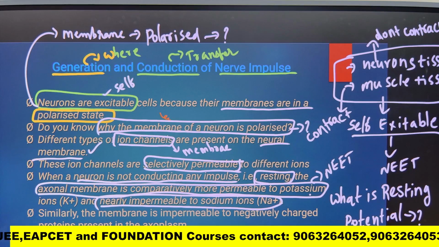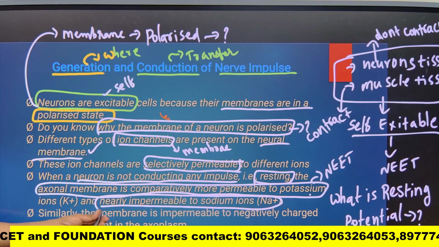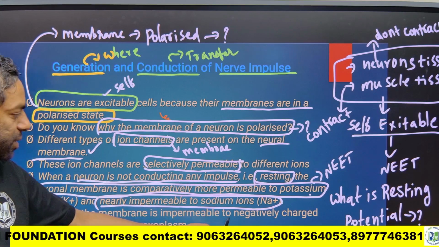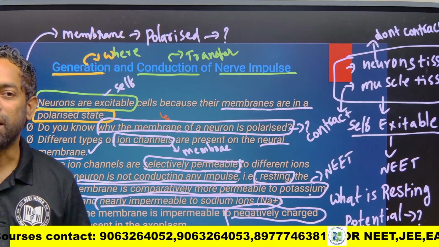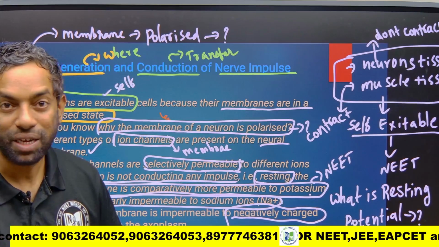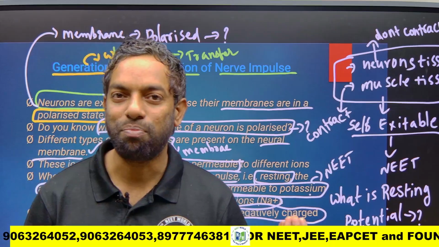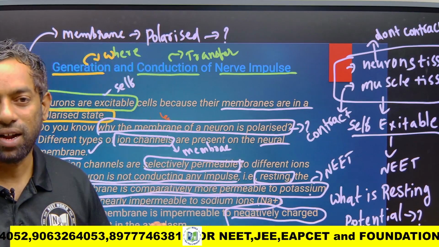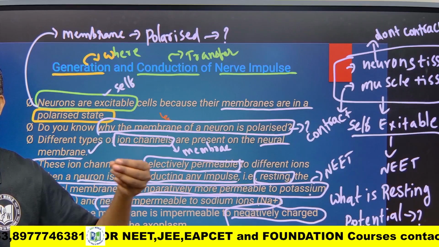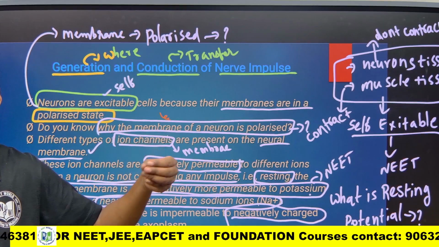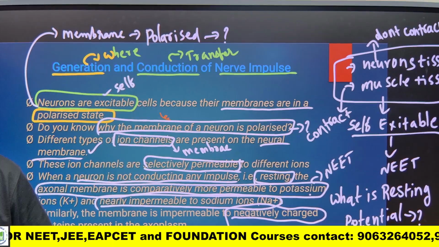Similarly, the membrane is negatively charged. Sodium ions are plus ions, and they are not allowed inside the membrane. Potassium is more permeable, and these plus ions can exit from the membrane.